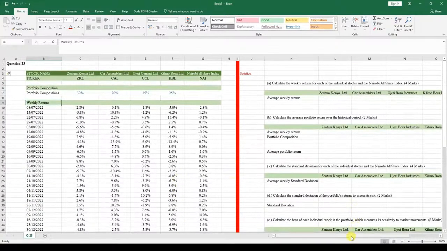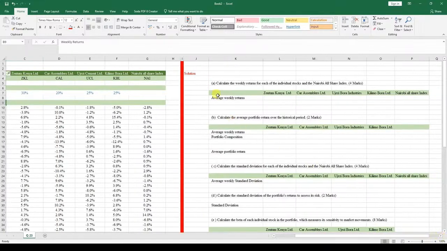So the way I've decided to arrange the information is as you can see on the right of your screen over here, to calculate the weekly returns for each of the individual stocks and the Nairobi All Share Index.